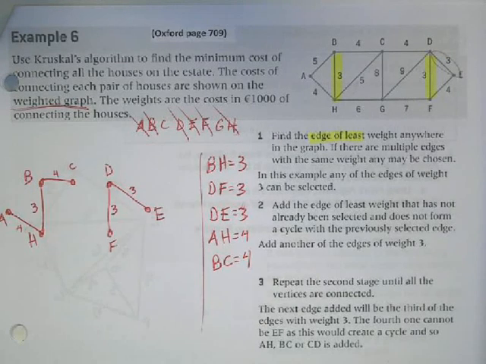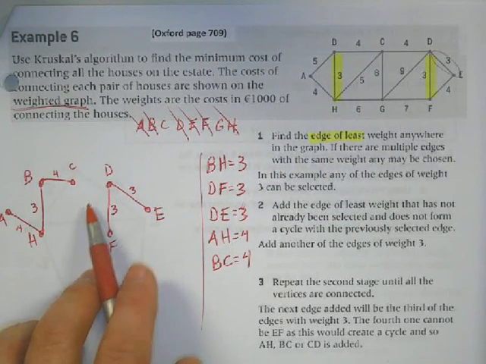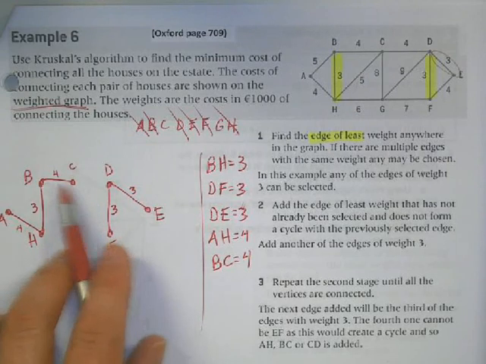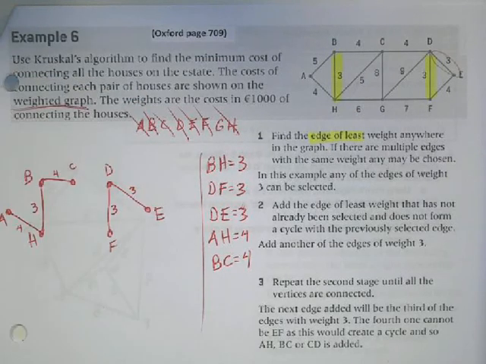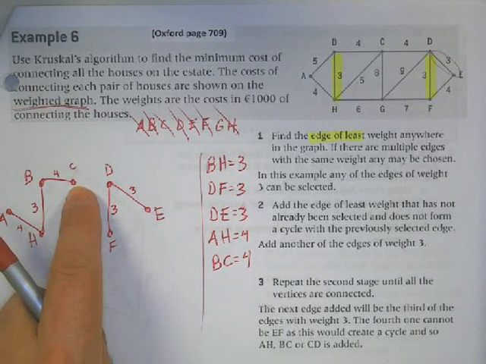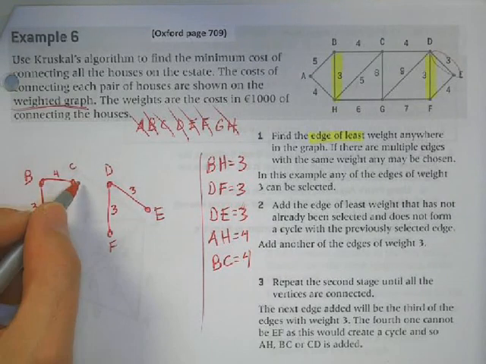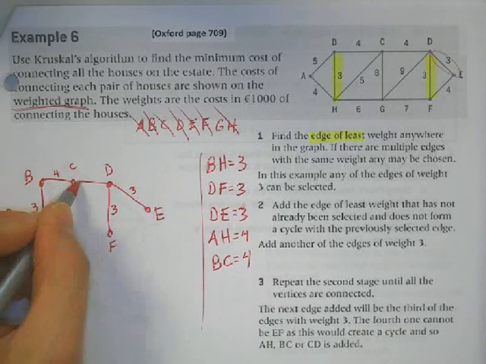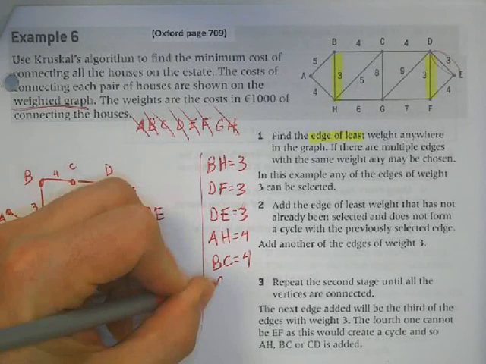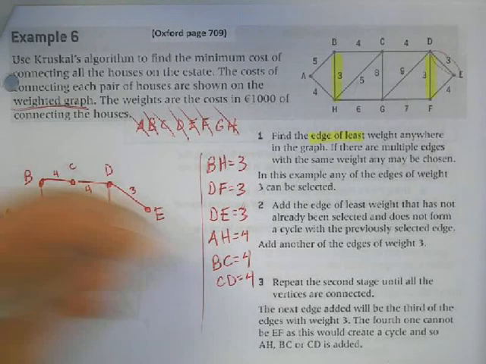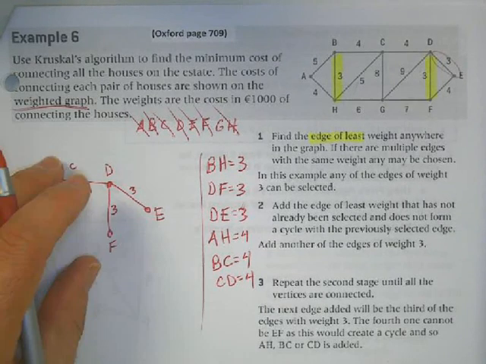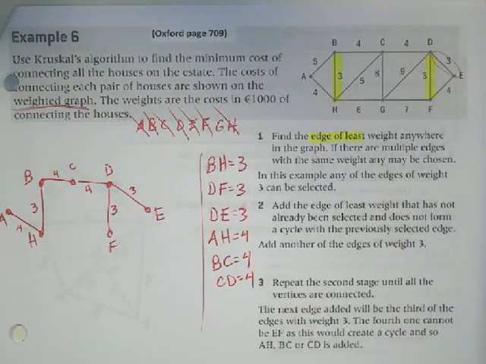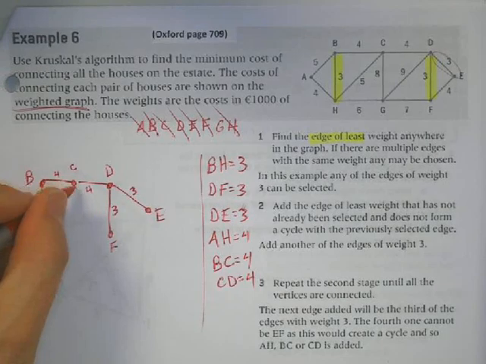And then we need to connect these guys together. So this is 4, C to D, because everything has to be connected together. I can't have 2 separate non-connected things. Everything has to be connected.